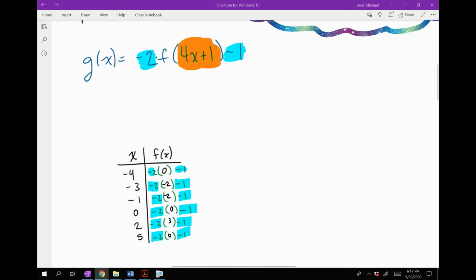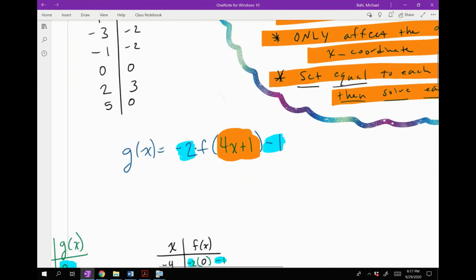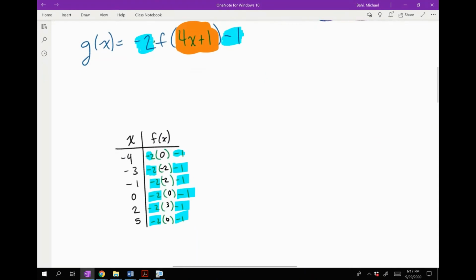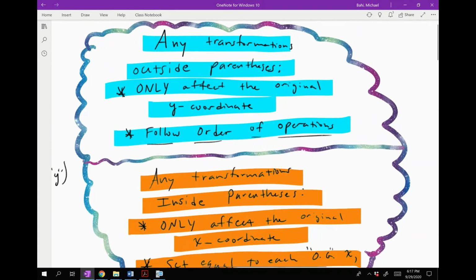All these numbers in parentheses over here in black are the original y values of the graph, and with each one, following order of operations, multiplying by -2 and then subtracting 1. So that's what this last asterisk in blue means.